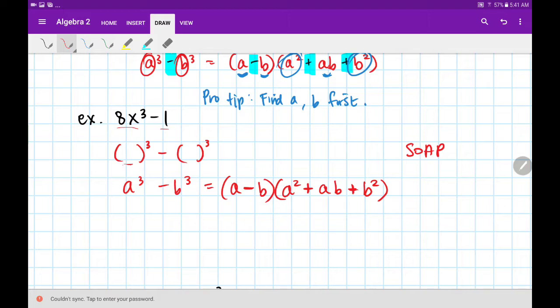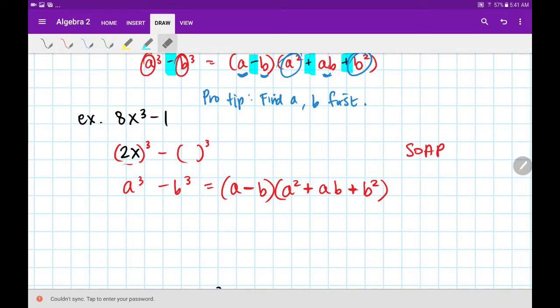Okay, so come back to the question: what cubed, or what times itself 3 times, will give me 8x cubed? And that's 2x. 2 times 2 times 2 gives me 8, and x times x times x gives me x cubed.